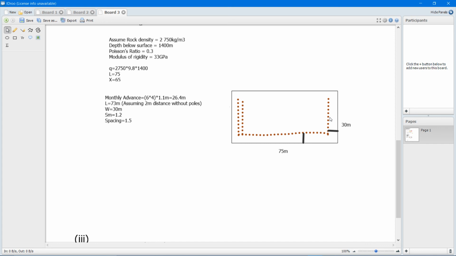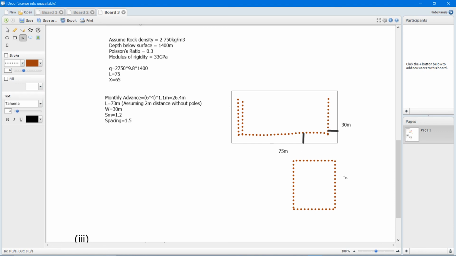If we were to depict that, we could simply redraw that triangle, which is going to be slightly smaller now. There we go. In this case, the panel width is still 30 meters, agreed? However, the advance is 26 meters.